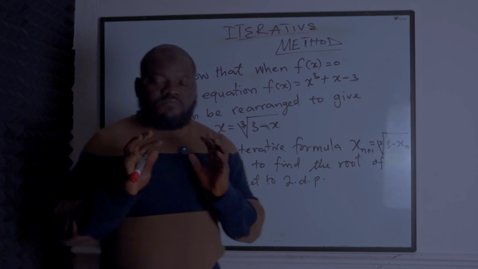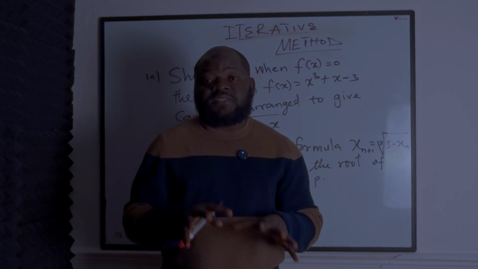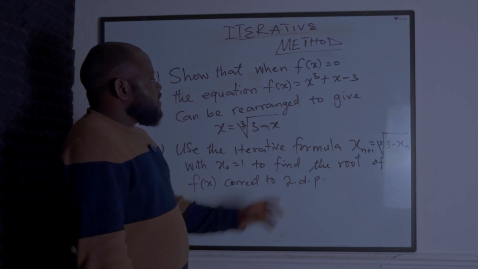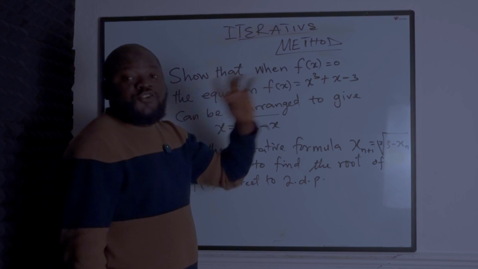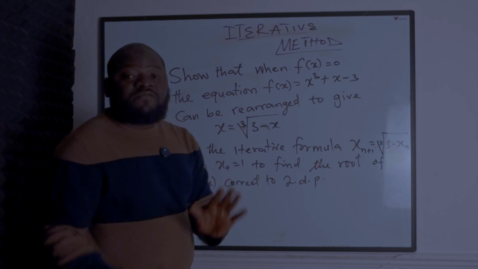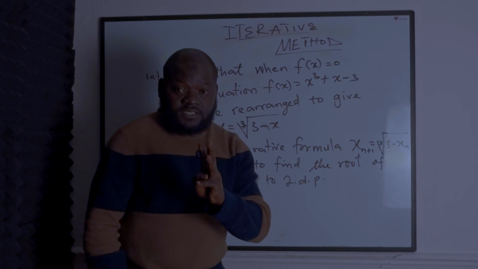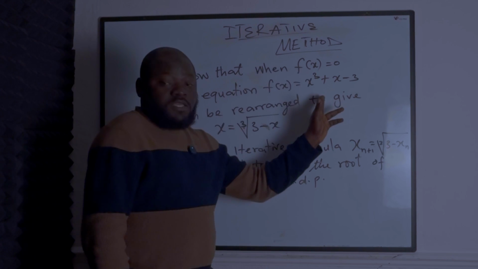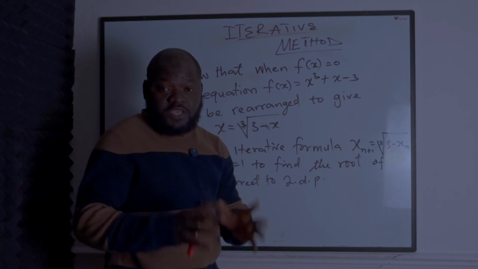Now, before we go on, what I want you to understand whenever you are given this kind of question is that this is a cubic equation. Normally, you are supposed to have 3 different answers, or 3 the same answers, for this equation because it is a cubic equation.